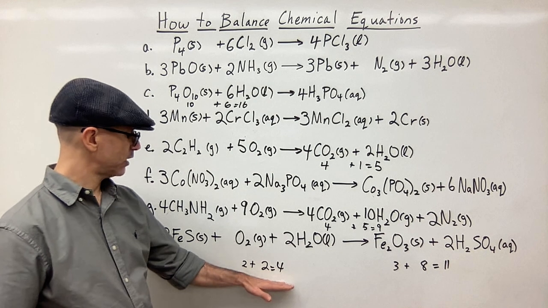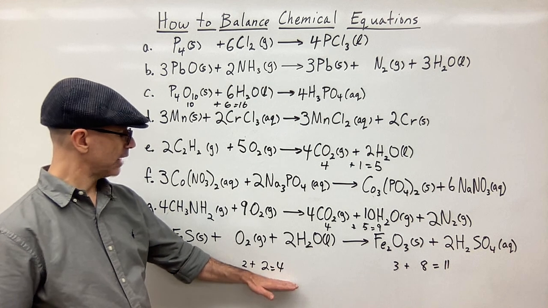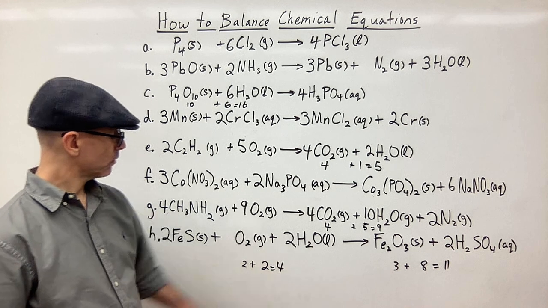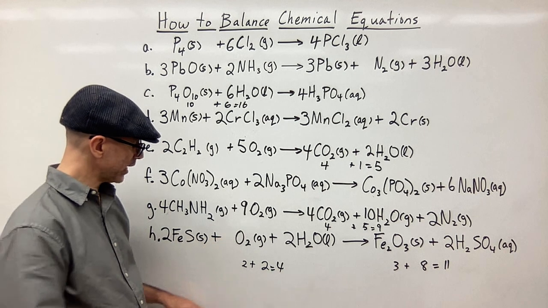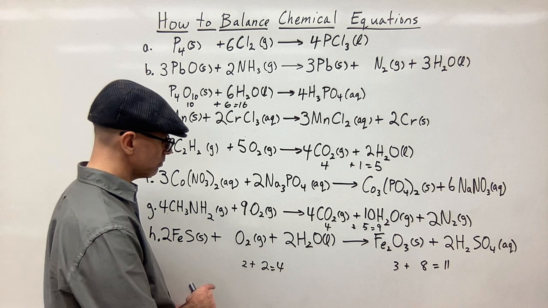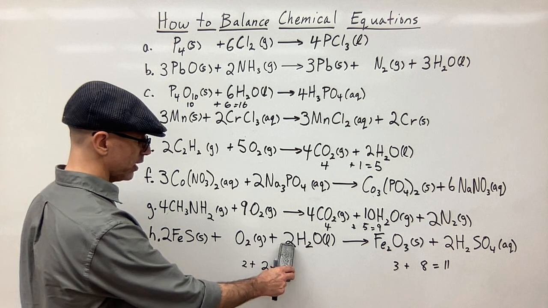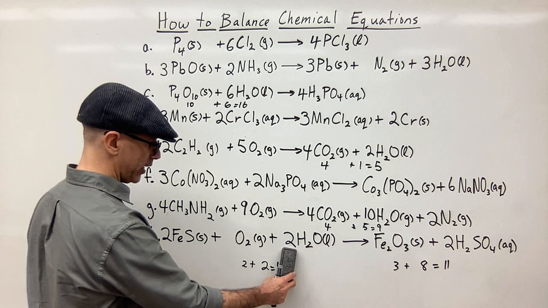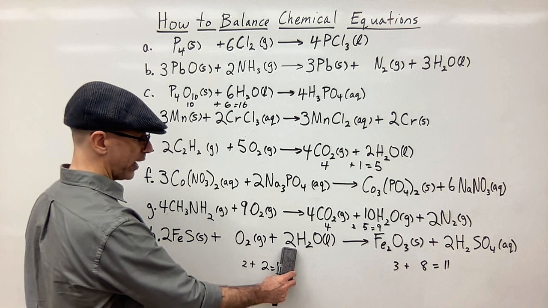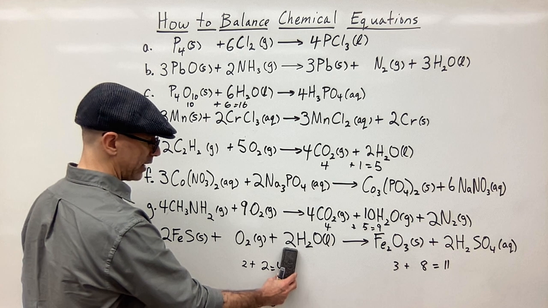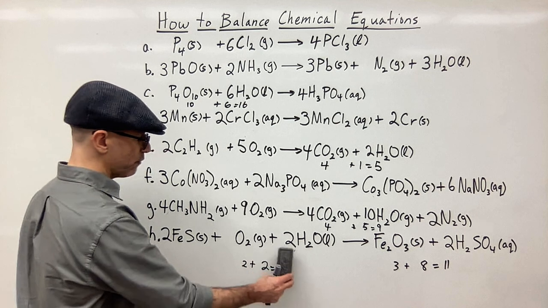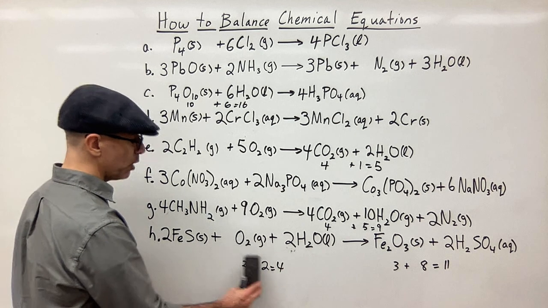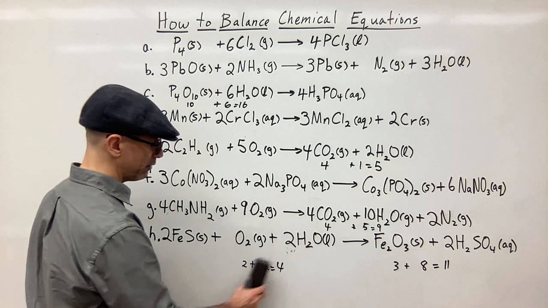So I need how many more? I need 7 more. So if I get rid of, so here I have a 2 on this side already, right? So if I eliminate that from the 11, then I need 9 more. So if I had 9 over here plus the 2, that would give me 11.